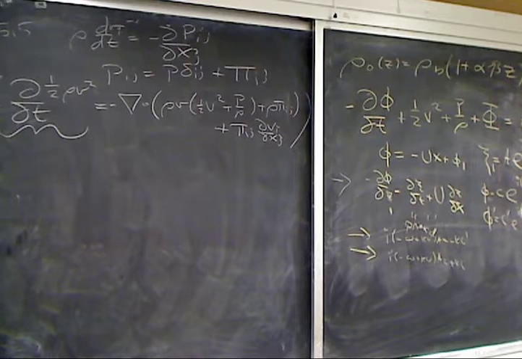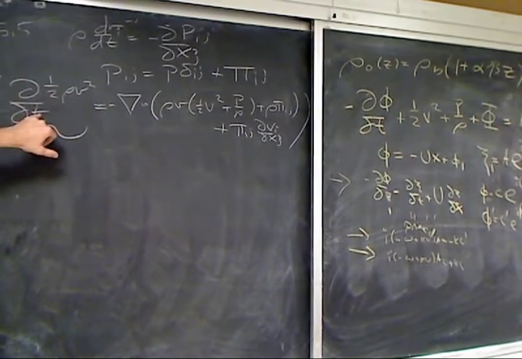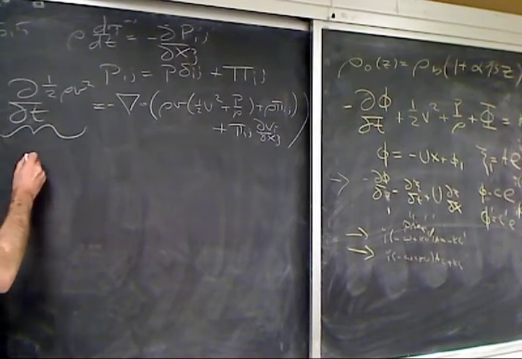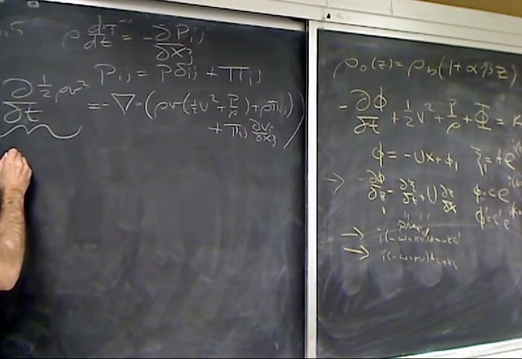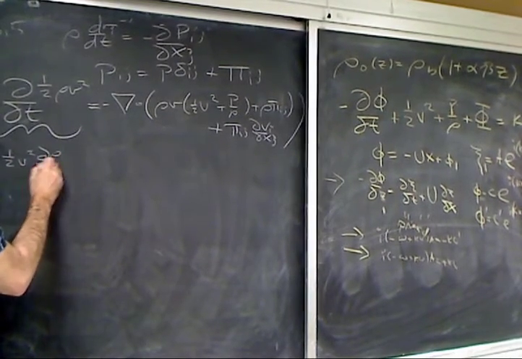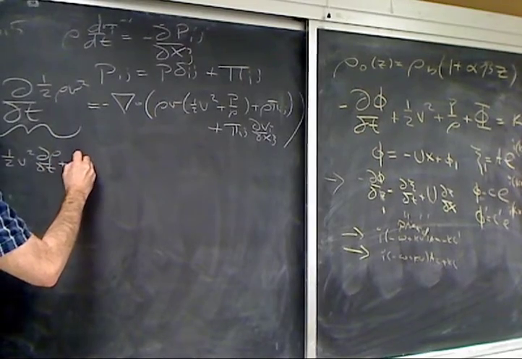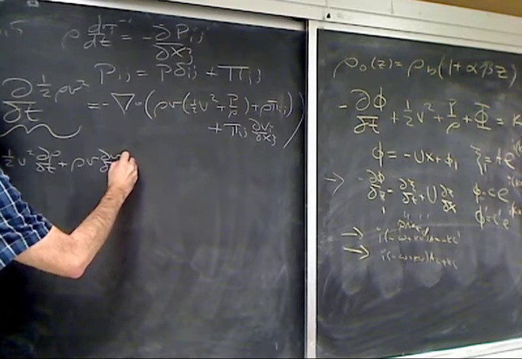I find it easier to start with the question that you're asking. So if I start with this and I take a partial derivative, the partial derivative of the left-hand side is going to be 1/2 v squared d rho dt plus rho v dv dt.